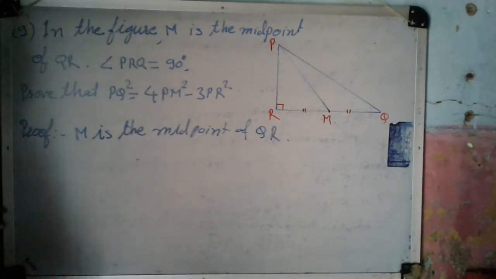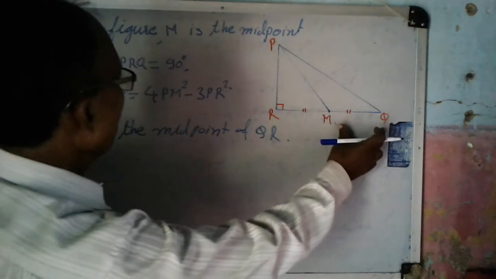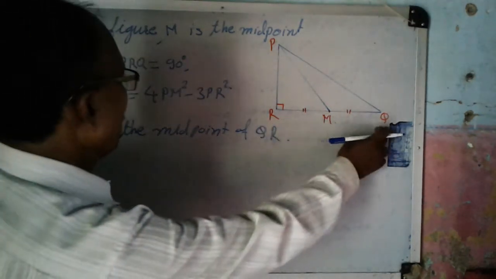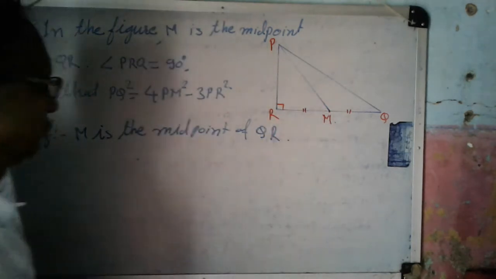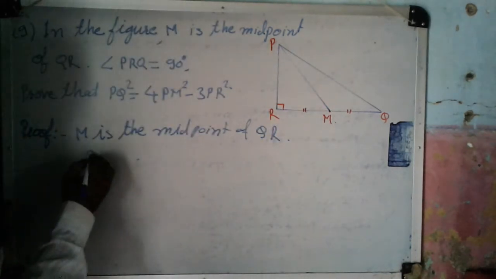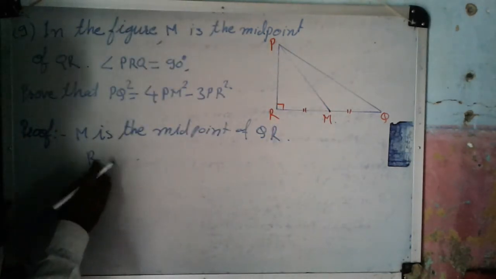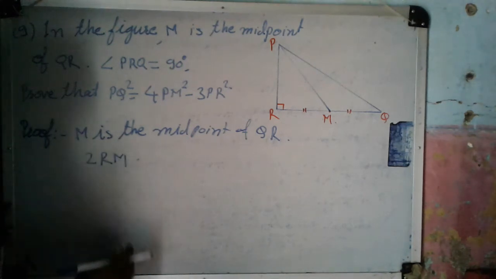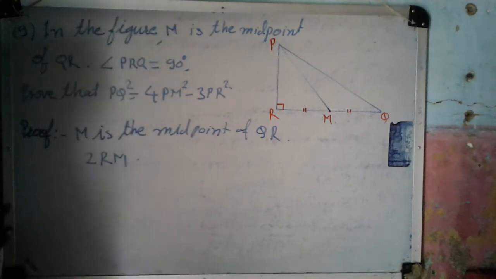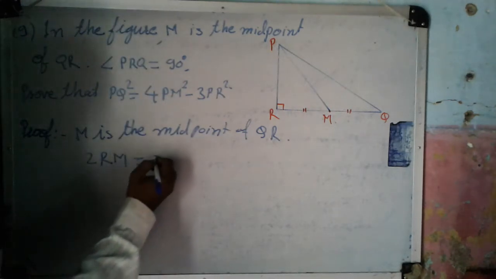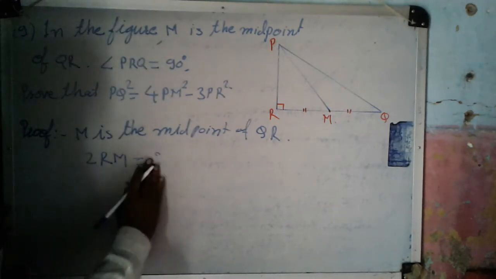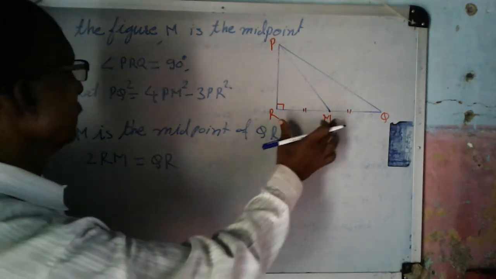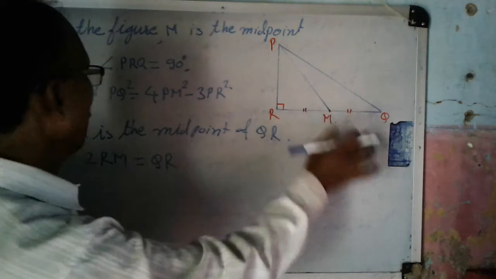That means RM is equal to MQ. That means this RQ is double of RM. That means 2RM is equal to QR.